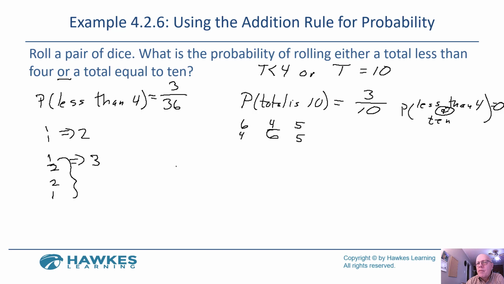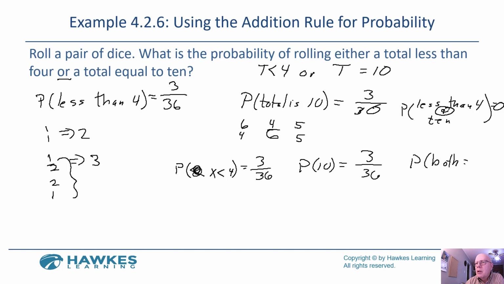So for the final probability, let's put it this way, call x our total. The probability it's less than 4 is 3 over 36. Probability of getting a 10, yeah, 3 over 36. And the probability of both, 0 over 36, not a 10.